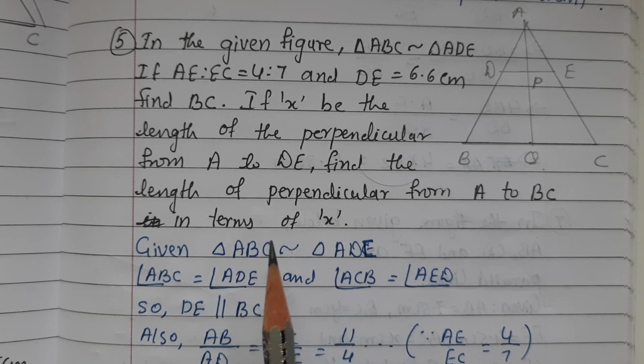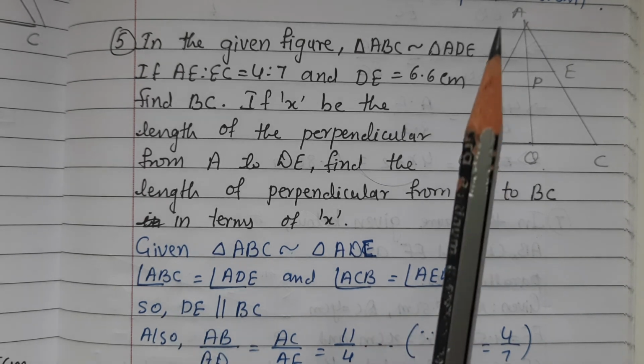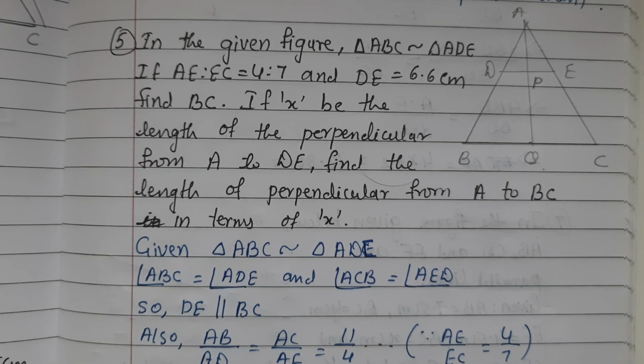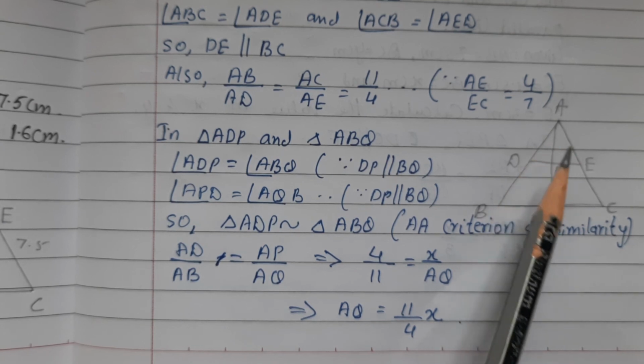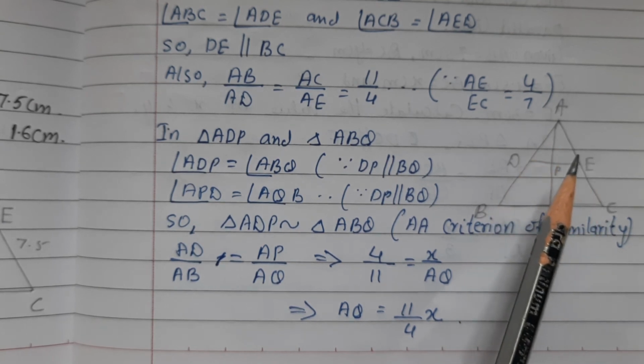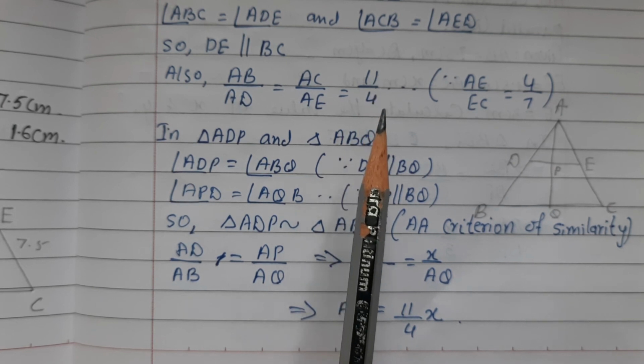Given ABC is similar to ADE, therefore angle ABC is equal to angle ADE and angle ACB is equal to angle AED. Therefore lines are parallel. DE is parallel to BC. So AB upon AD is equal to AC upon AE, which is equal to 11 upon 4.